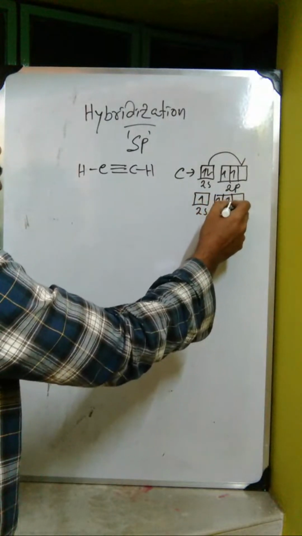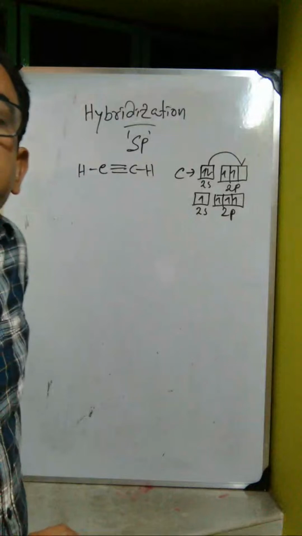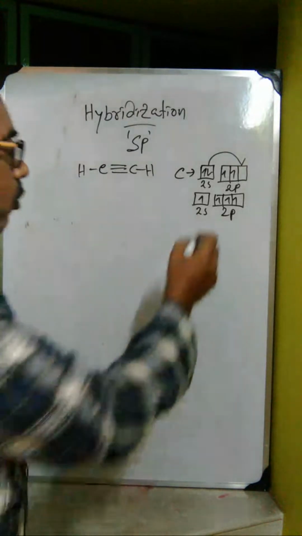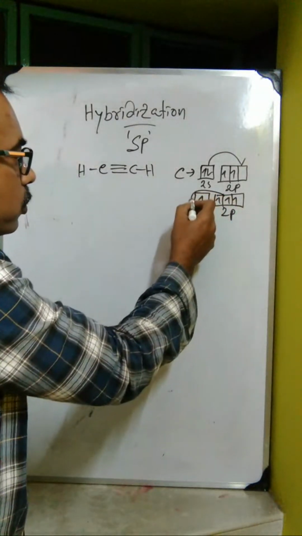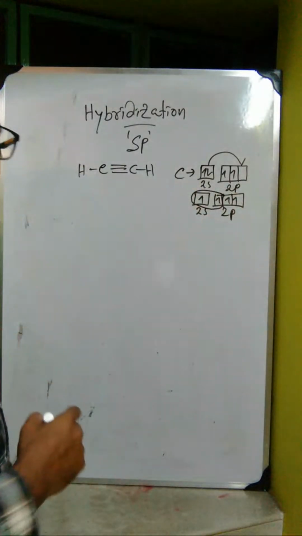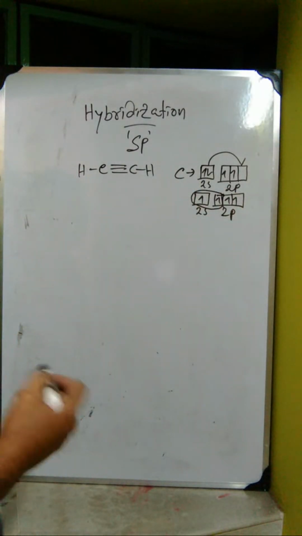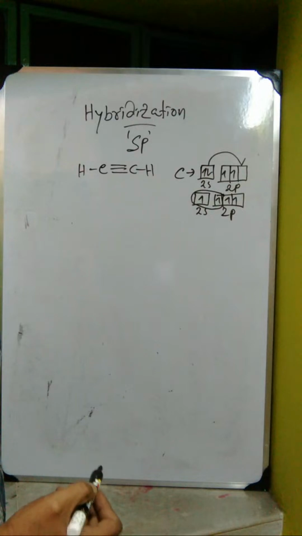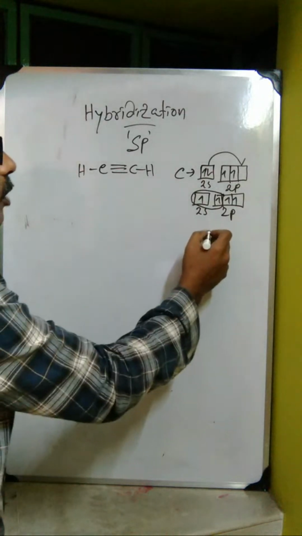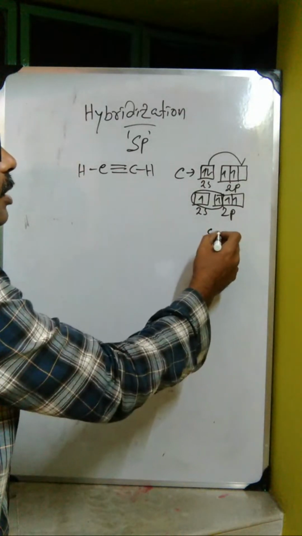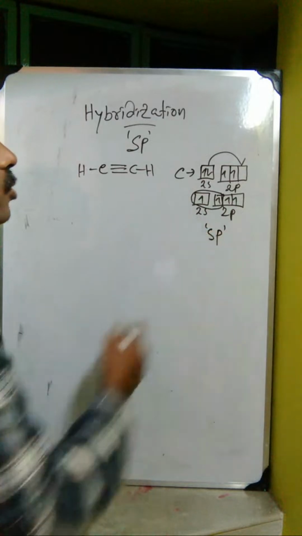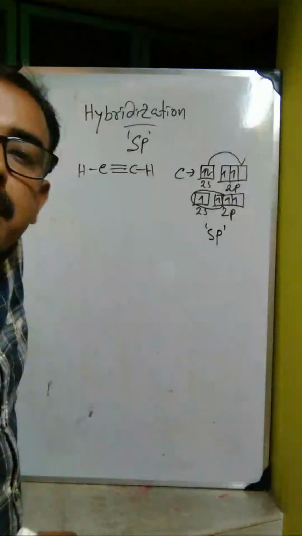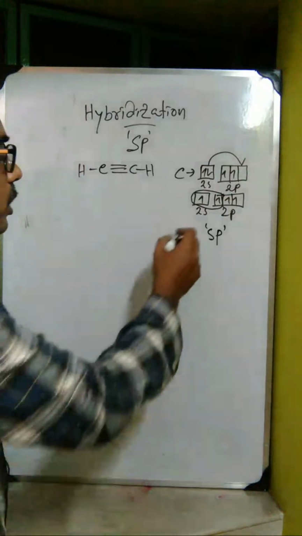Now, among these 4 orbitals where unpaired electrons are present, 2 orbitals are hybridized, one s orbital and one p orbital. So the state of hybridization will be where one part of s and one part of p is present. The state of hybridization is sp. And how many sp hybridized orbitals will be there? Only 2 sp hybridized orbitals.